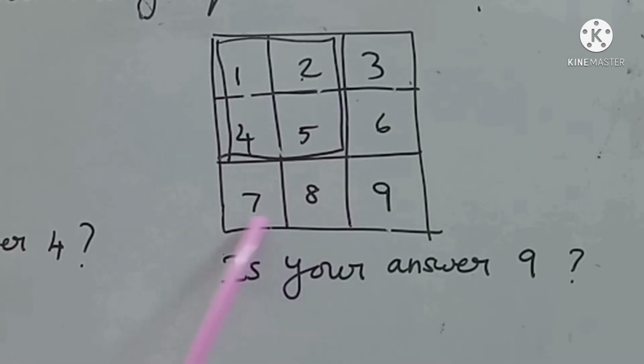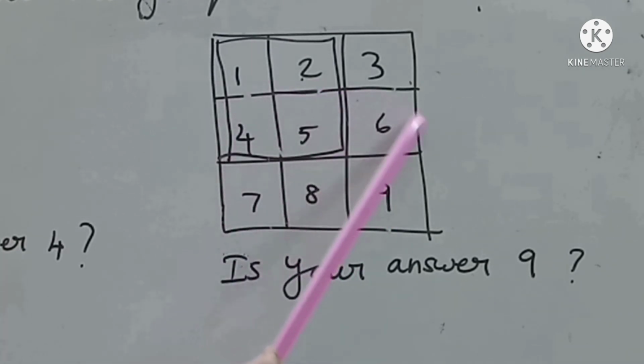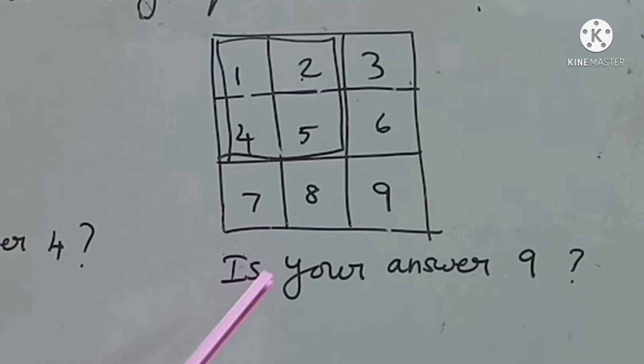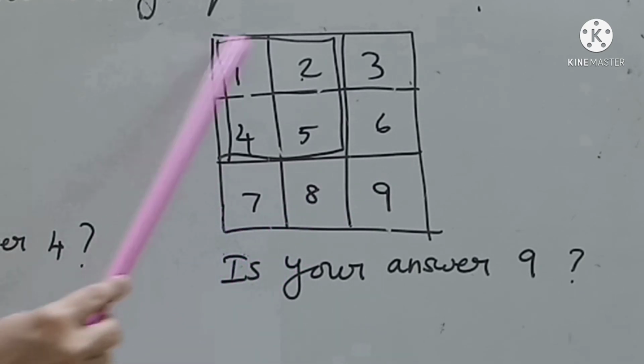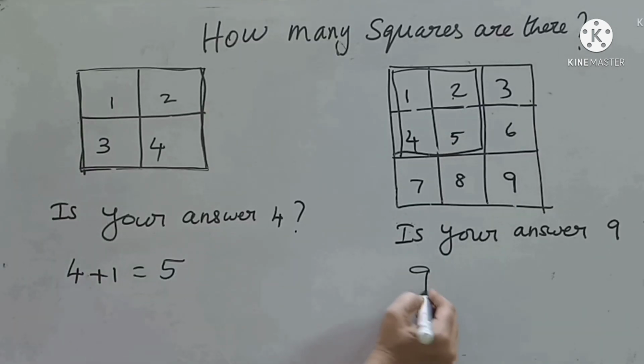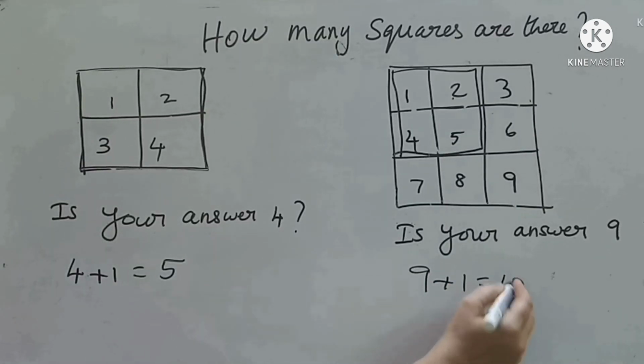Again we make another square. 5, 6, 8, 9. Here we are having another square. And then one more bigger square. You have to write the answer for this question at least 10, because 9 small squares, 1 big square. So, you should write 9 plus 1, 10. You have to write minimum 10 squares.